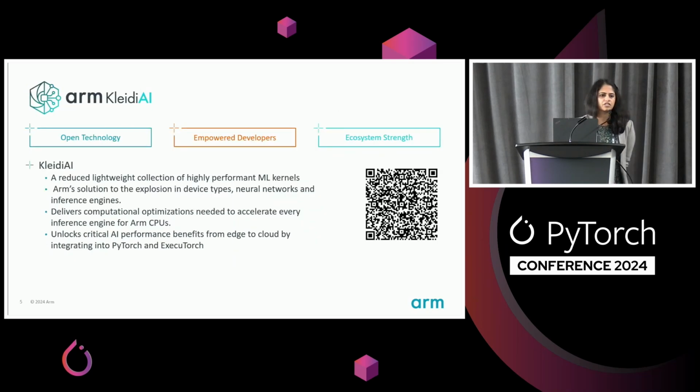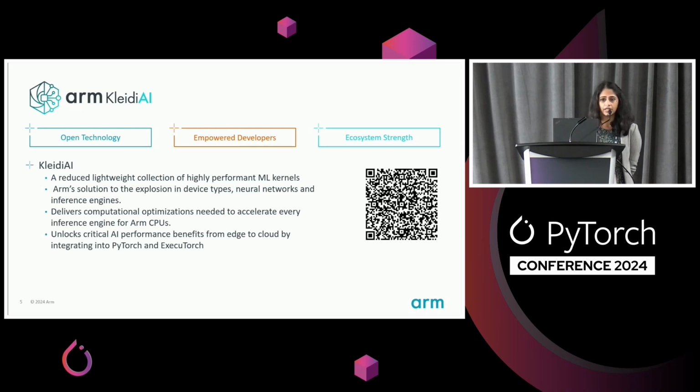So earlier this year, we at ARM released a library of highly performant ML kernels called Kleidi AI. And these are really for AI framework developers, super performant on your ARM CPU. So the GitLab repository is available for you to look at what these kernels are.